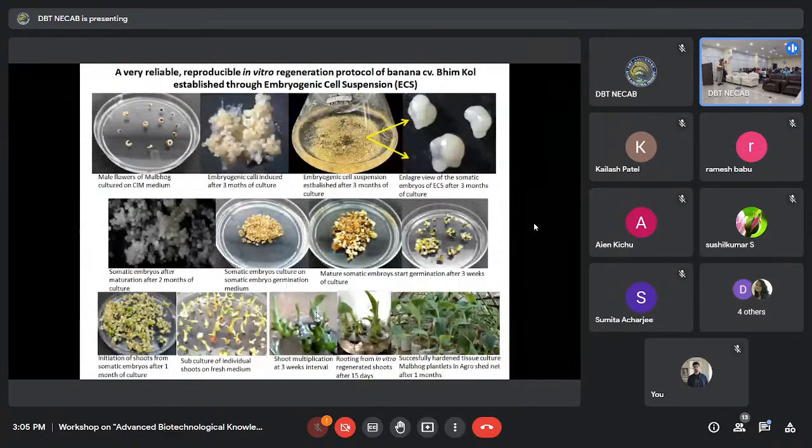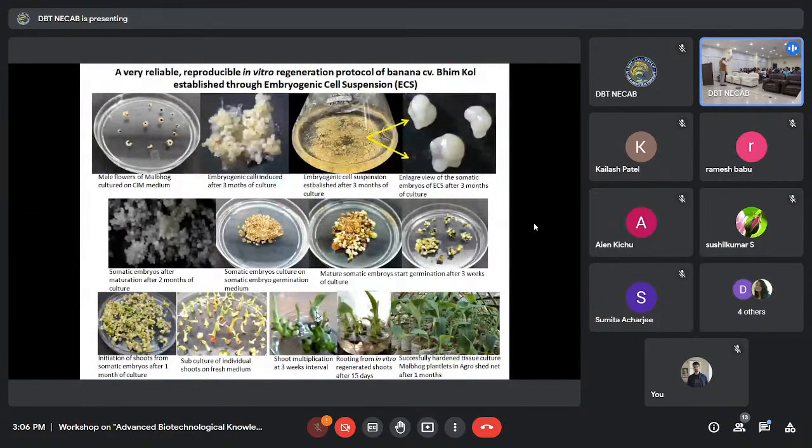The color will slightly change, and they will become completely white, because germination is a very energy-consuming process. So those somatic embryos which want to germinate generally deposit a lot of starch, and that is why they become completely whitish.